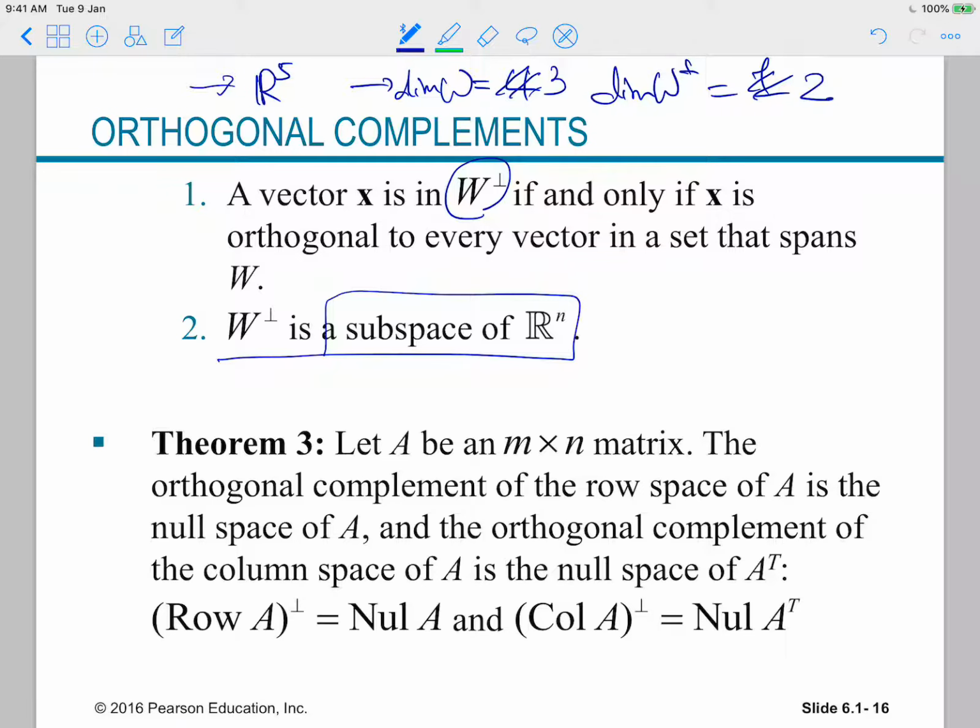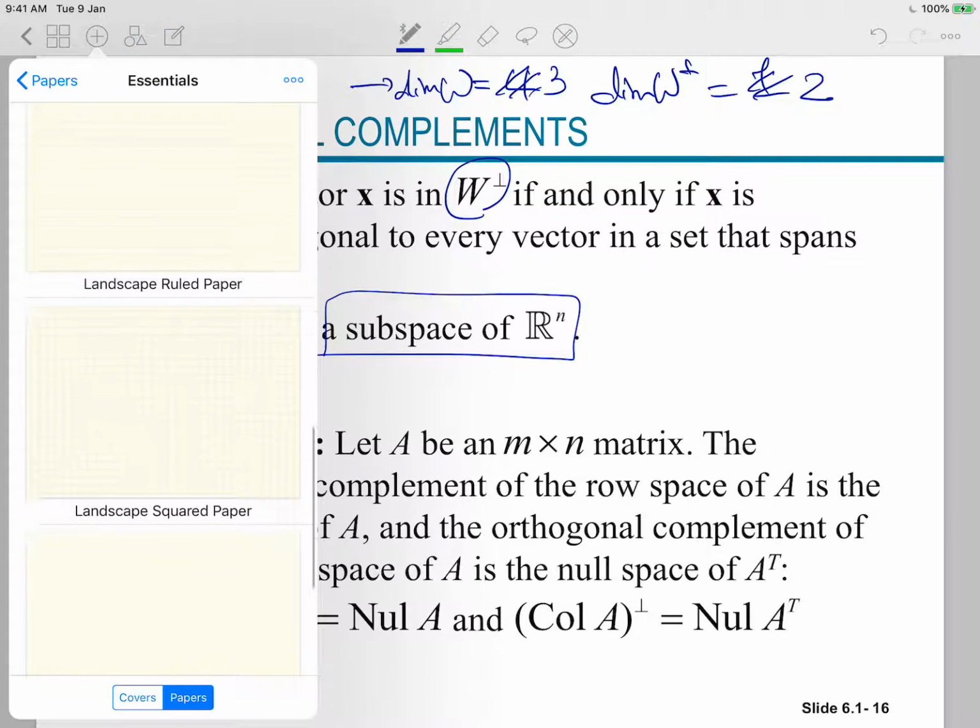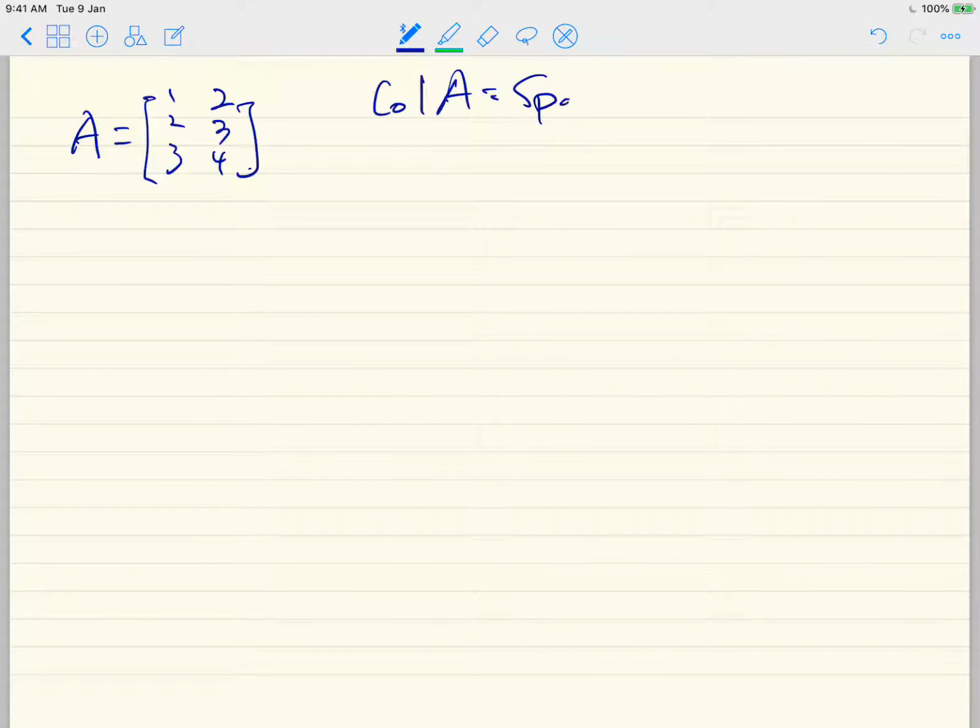Okay, and then let's study how this orthogonal complement is related to a given matrix. Let's think of this matrix A. What is the column space? It's of course spanned by 1, 2, 3 and 2, 3, 4, right?